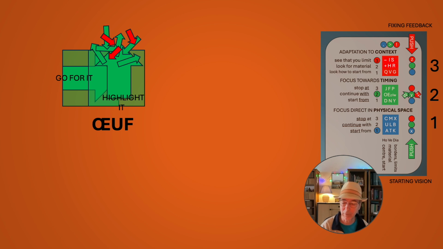Now the OEUF in French is something completely different. It has two letters that are showing that there is something going on in a process of time. It is going towards that highlight.